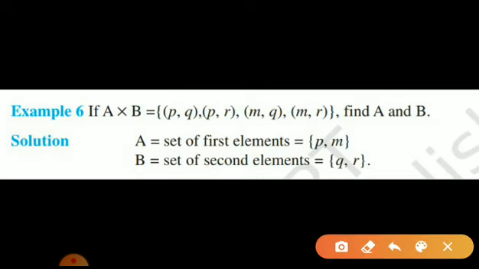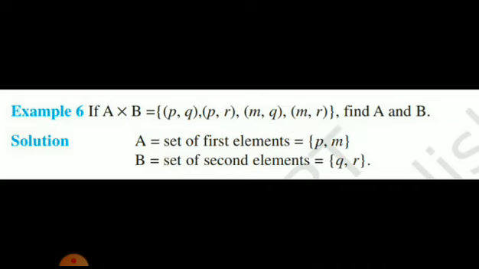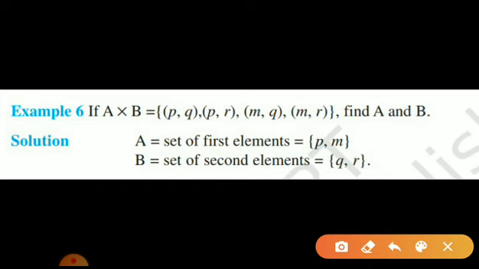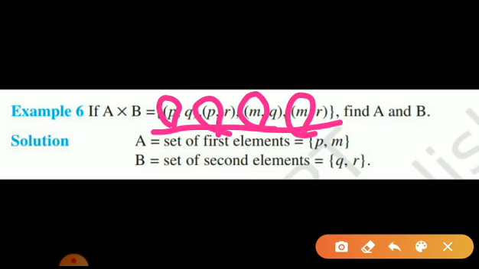Next one. If A cross B is given to you, find A and B. Okay, the set of first elements, it is {P, M}. Why? Now see, A cross B contains this. Okay, that means if I want to find the elements of A, I just have to check the first element or first coordinate of the given point.